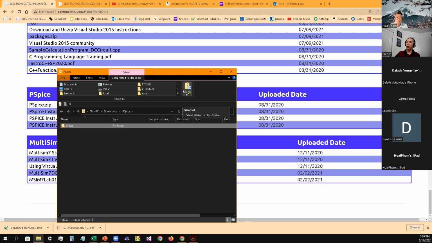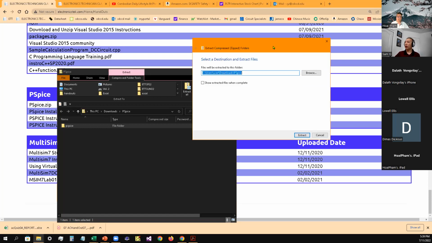And then you want to click on extract all. Once you click on extract all, this message pops up saying the files will be extracted to this folder.